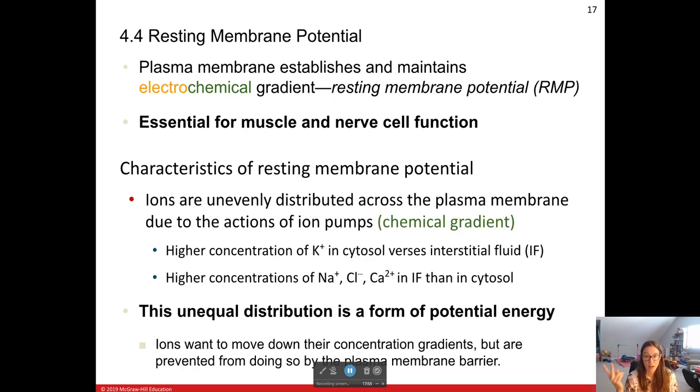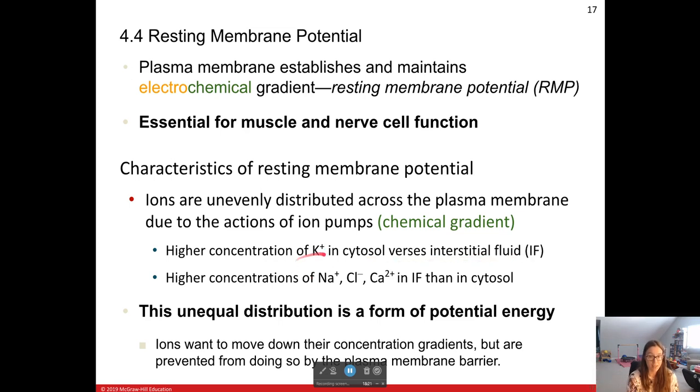The other characteristic of resting membrane potential is that we have ions that are unevenly distributed across the plasma membrane due to the actions of ion pumps. This is called a chemical gradient, so that's the chemical part of the electrochemical gradient. Inside the cell, we have a higher concentration of potassium in the cytosol versus the interstitial fluid, which is the outside of the cell.